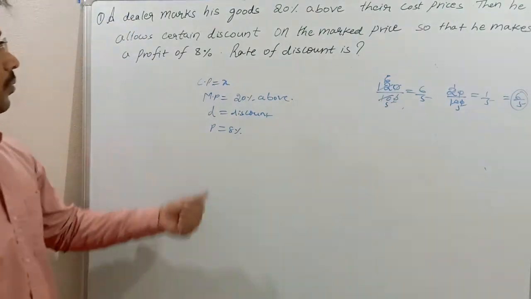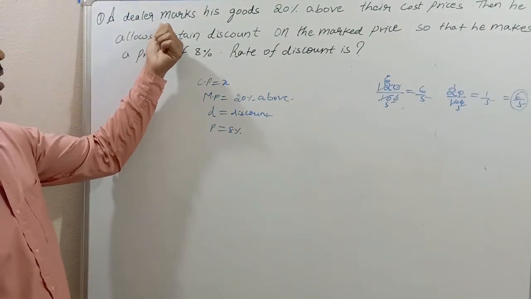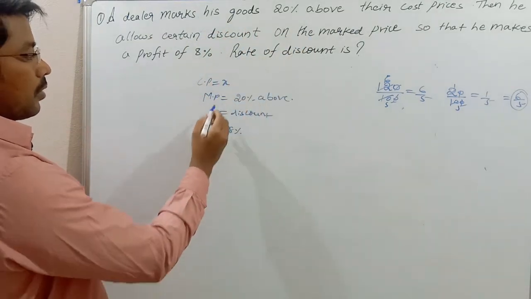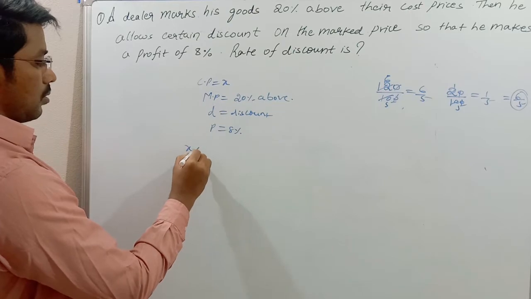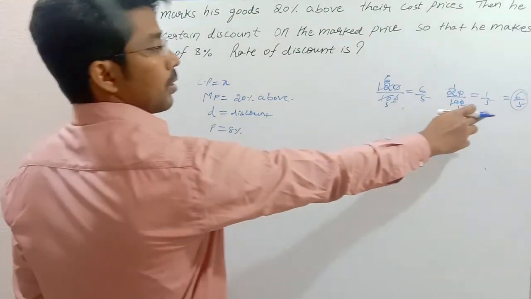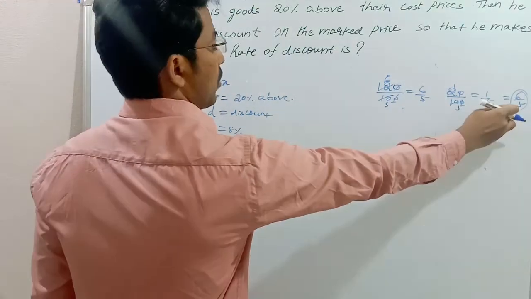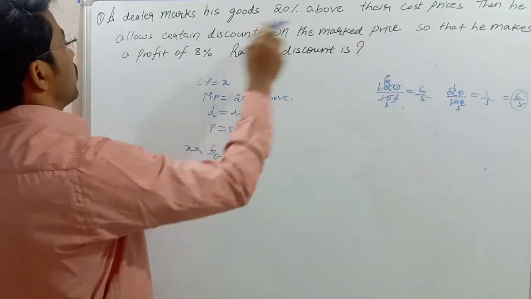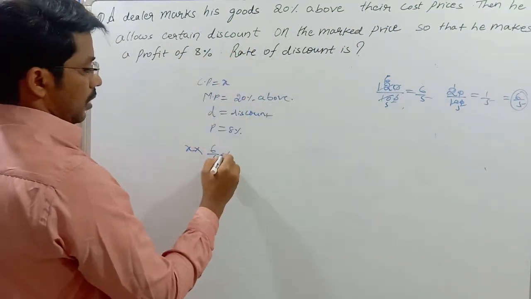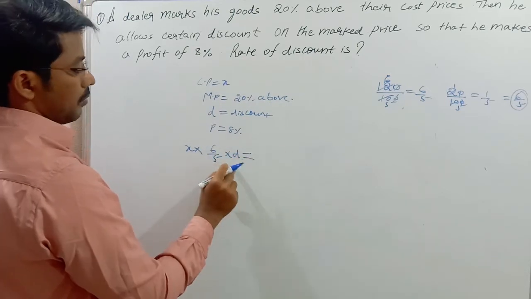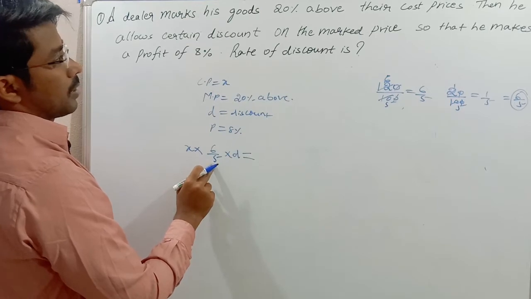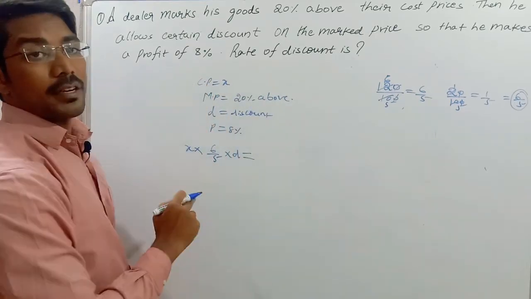Now it is given that the dealer marks his goods 20% above their cost price. If the cost price is X and he is marking 20% above, then it will be 6 by 5 of the cost price. Then he allows a certain discount, let it be D. So after giving the discount on the marked price, he got 8% profit.